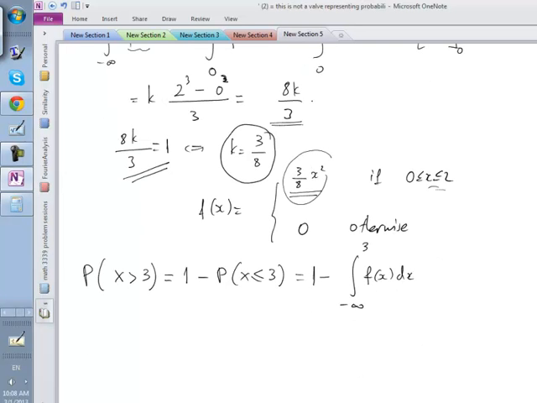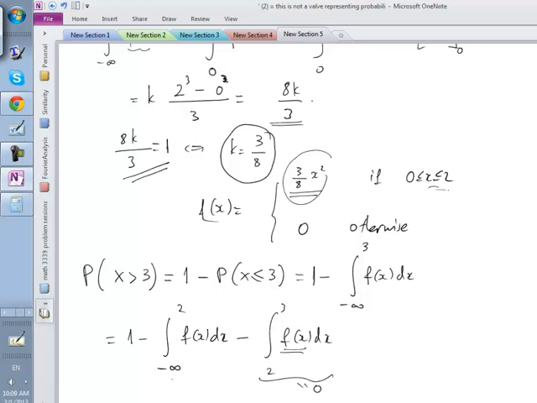But the maximum value of x for which we have a non-zero density is 2. So this is equal to 1 minus the integral up to 2, because the density is equal to 0 between 2 and 3.